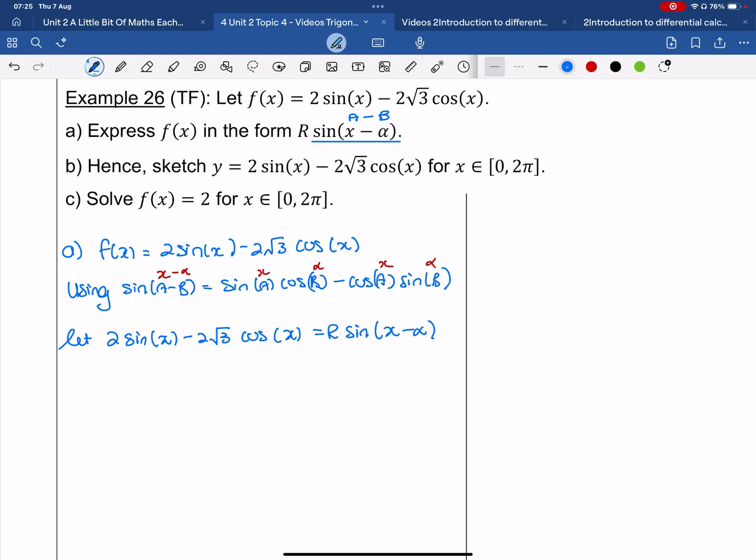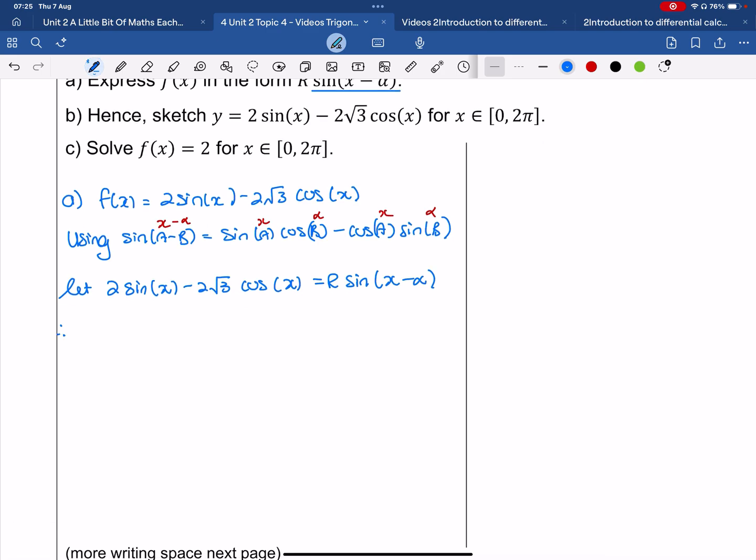That's where I'm getting these values from, because now what I'm going to say is, 2 sine of x minus 2 root 3 cos of x is equal to r times, now the sine of x minus alpha, I'm using my sine of a minus b, so sine of x cos of alpha minus cos of x sine of alpha.